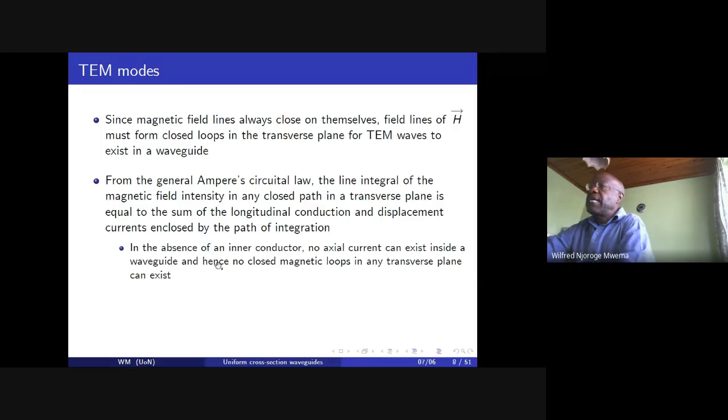In the absence of an inner conductor, there will be no axial current inside the waveguide, and hence no closed magnetic loops in any transverse plane can exist. Therefore, we must conclude that for hollow waveguides, or waveguides with single conductors of any shape, there is no support for the TEM mode of propagation. So TEM modes cannot propagate on a waveguide.